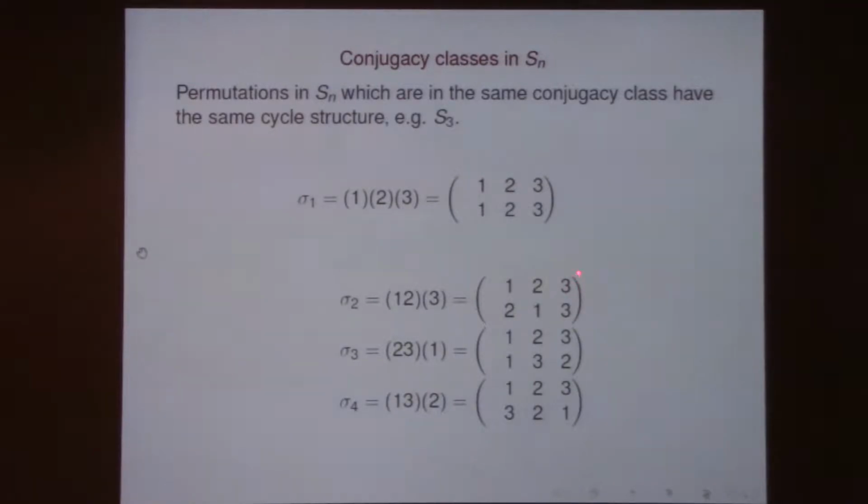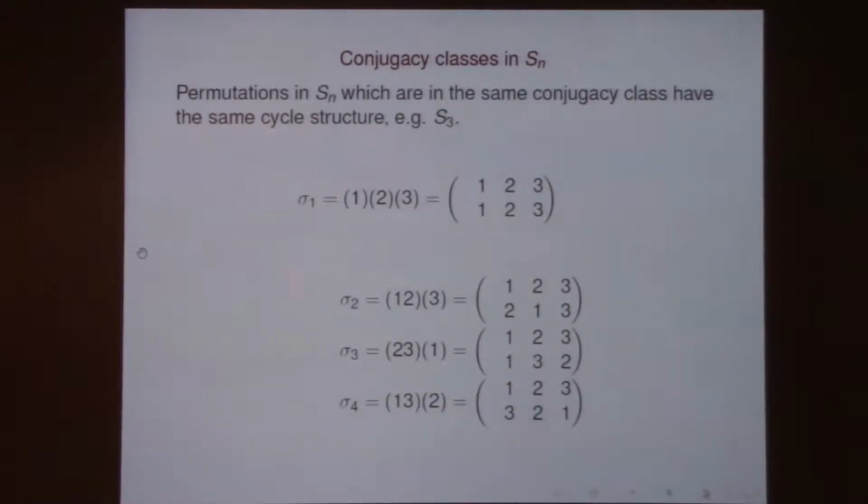This permutation, where 3 goes to 3, a single cycle, and 1 and 2 get swapped, has this cycle structure, where you have a cycle of length 2 and a cycle of length 1. And all the different ones which have different numbers but the same cycle structure belong to the same conjugacy class. So there is some gamma for which gamma sigma 2 gamma inverse will give sigma 3 and sigma 4.